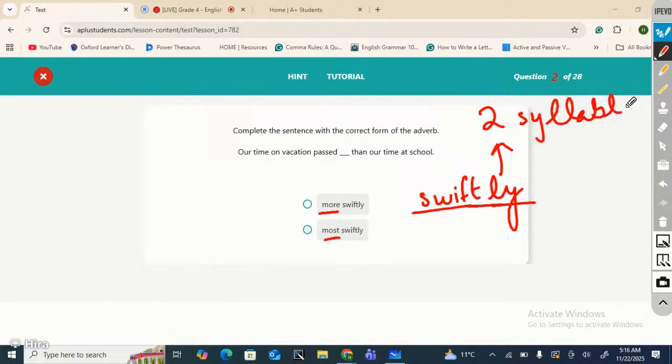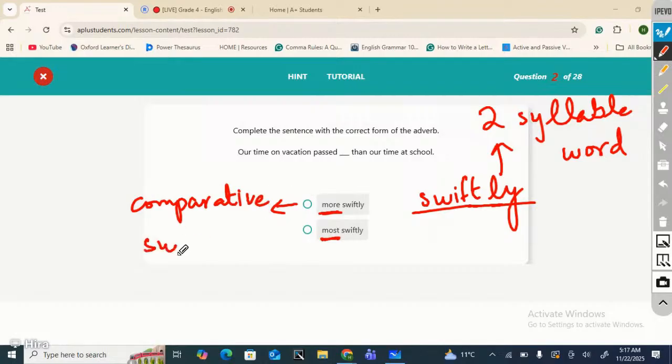If there is an adverb which has more than one syllable, we add more to make it a comparative adverb, or we add most to make it a superlative adverb. So more swiftly is a comparative adverb. Most swiftly is a superlative adverb. And you have to choose whether to use a comparative adverb or a superlative adverb in the sentence.